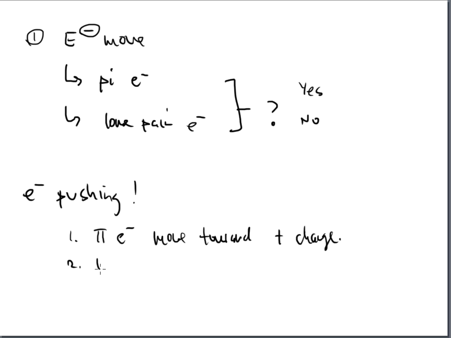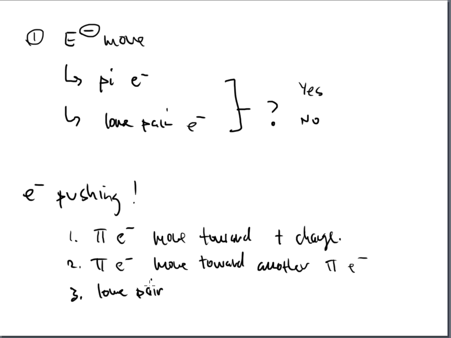Number 2, pi electrons can actually move toward another pi electron set or a pi bond. We'll see why a little bit later on. Number 3, lone pair. Okay?